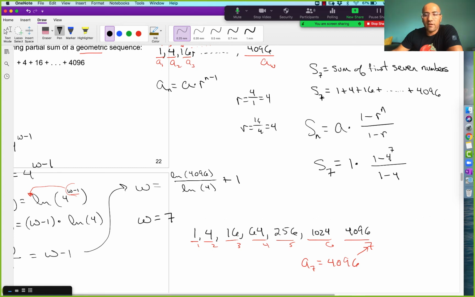A large negative number divided by negative 3. So the whole thing is going to be the value we expect, a positive answer. So this is 4 to the 7th power, and then 1 minus that. So this is 1 minus 16,384 divided by negative 3.